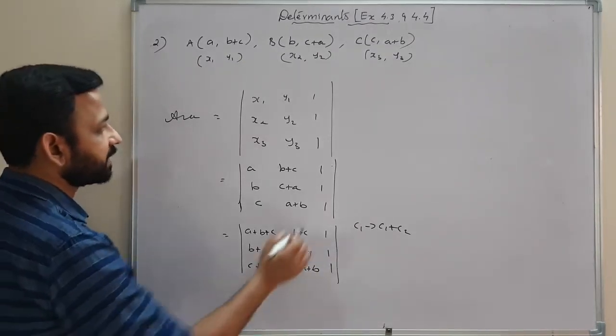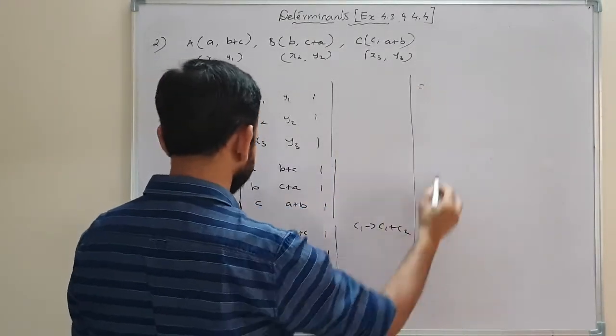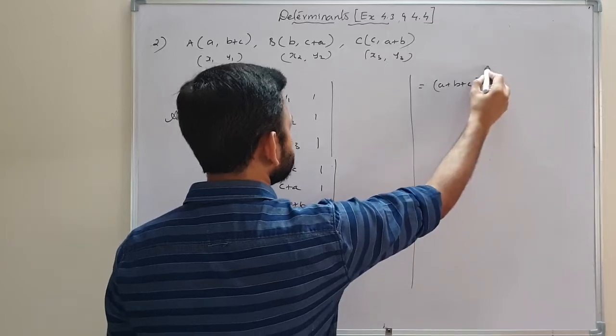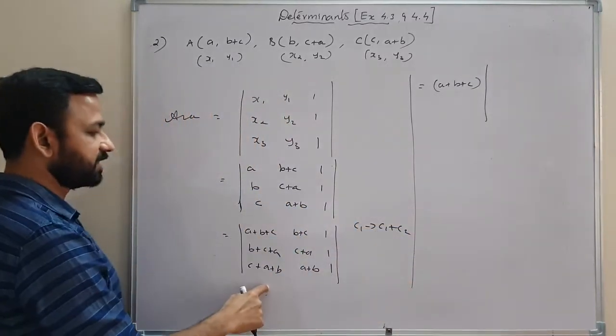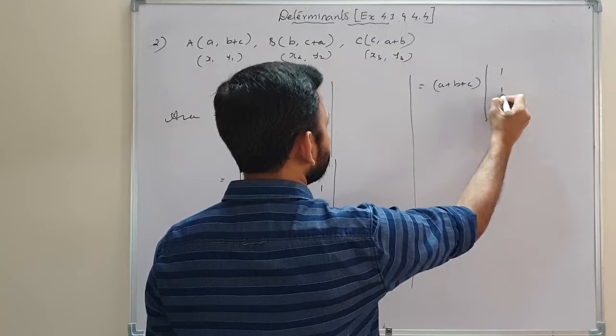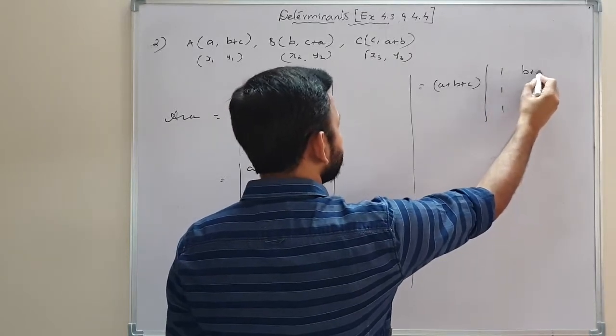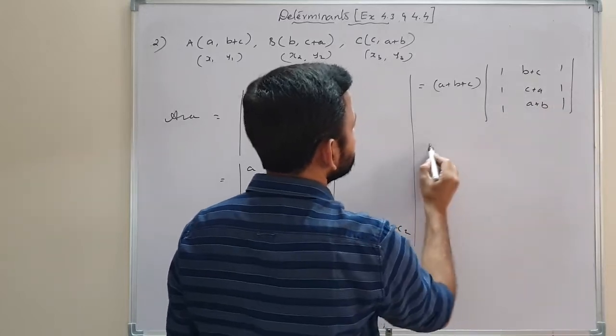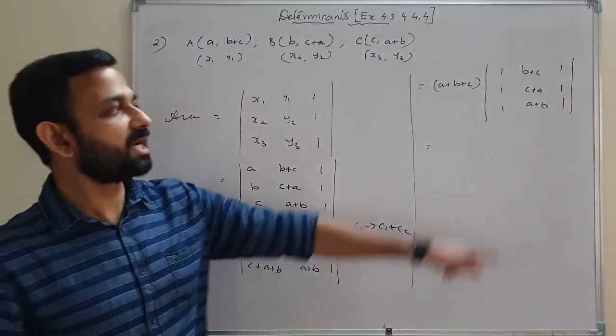Now we can take a plus b plus c outside from the first column, then we will get 1, 1, 1. The second column is b, c plus a, c plus a plus b, and then again 1, 1, 1. So here two columns are identical.